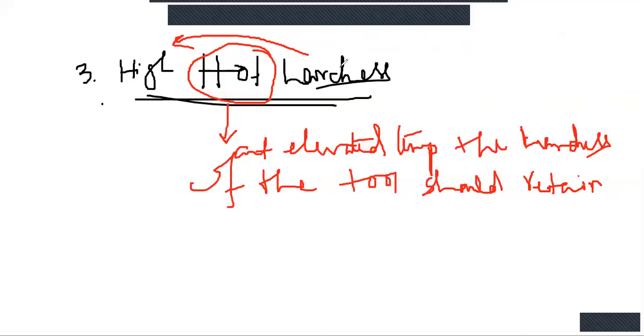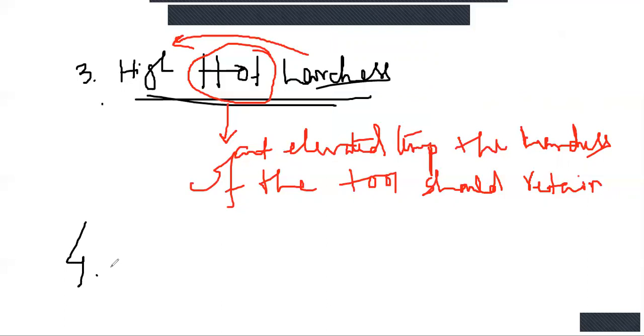So at that situation, if the hardness of the tool is lower, then there is a chance of the tool going to the plastic region. So the edges of the tool, the principal cutting edge or auxiliary cutting edges, may be damaged, so that the geometry of the cutting tool is damaged. So high hot hardness is the main part.